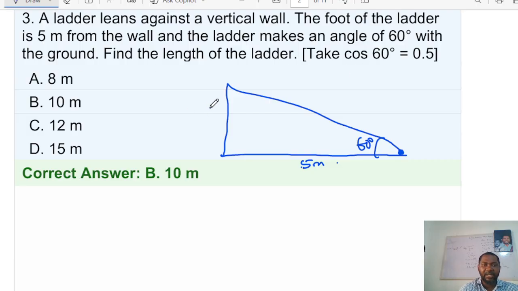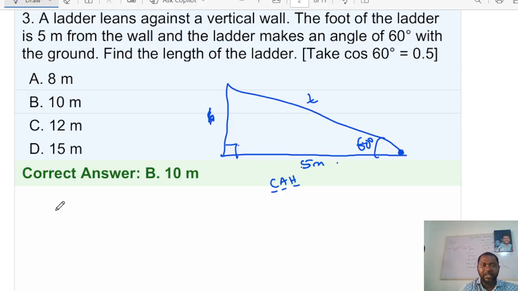So the length of the ladder, sorry, let's call it L. This is the ladder, this is the wall. Okay, so if you notice, 5 is adjacent to 60 degrees, this is definitely 90 degrees, then L is the hypotenuse. So adjacent and hypotenuse is CAH, that's cos. Cosine is adjacent over hypotenuse.